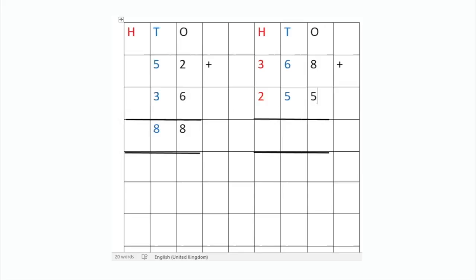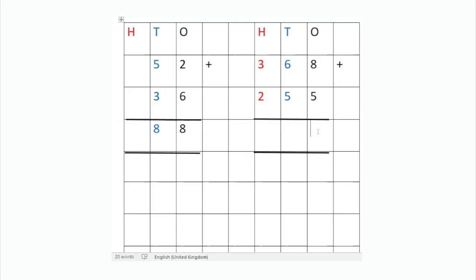Well, yes, because I've got my ones in the correct column, I've got my tens in the correct column, but I've also got my hundreds. Have I shown the addition and equal sign? Yes, if I highlight this, I've got my addition, and you can also see here, I've got my equals sign.